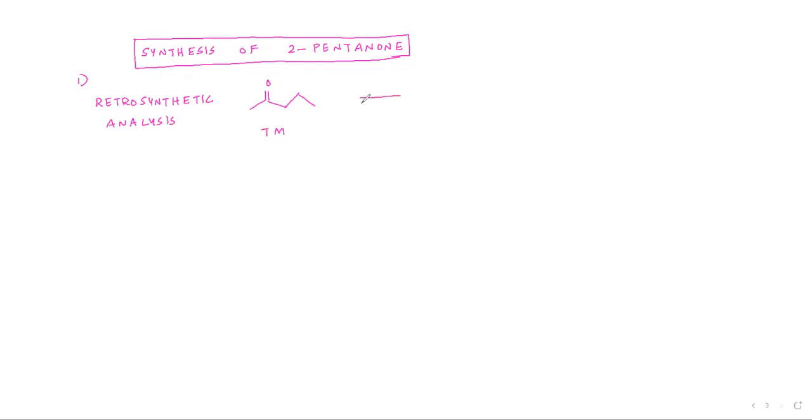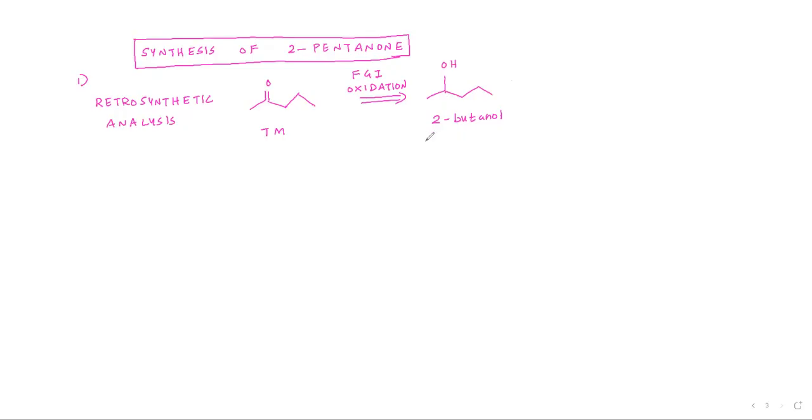Now, if you want to get 2-pentanone, you need to have OH, 2-butanol. This is 2-butanol. So this is what we call an FGI oxidation. Functional group interconversion oxidation. Okay then, next.